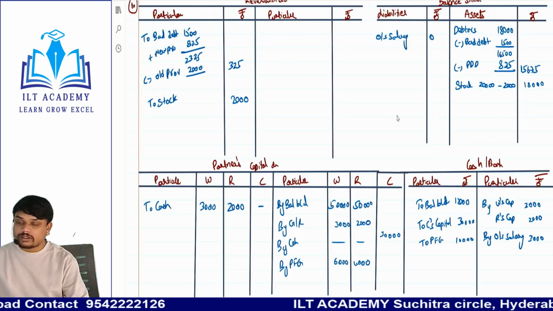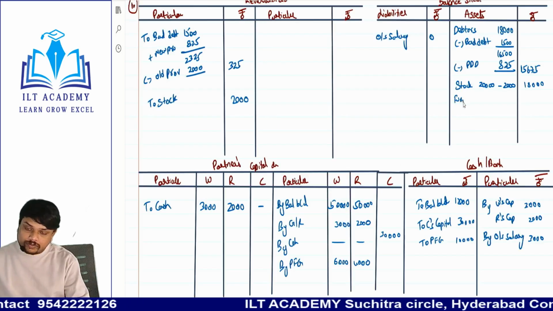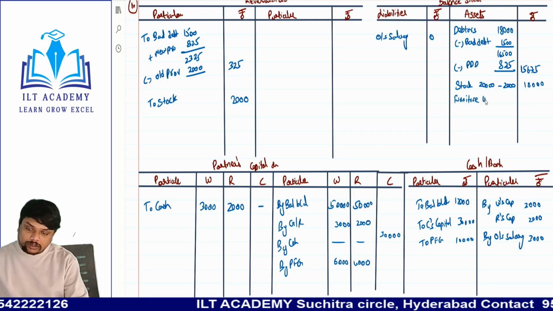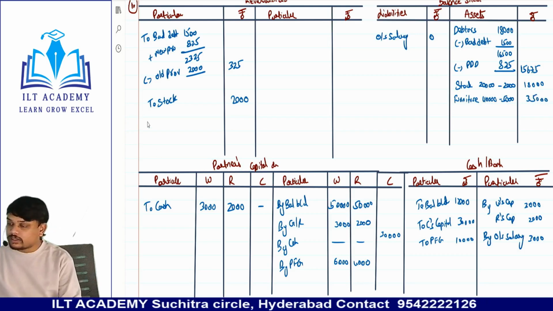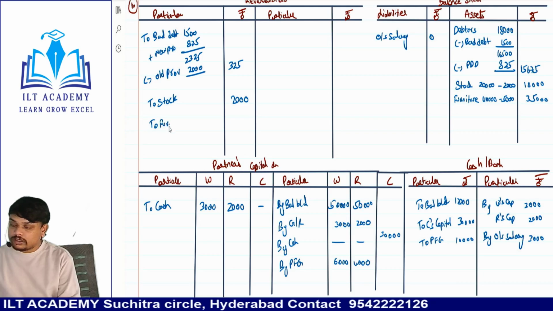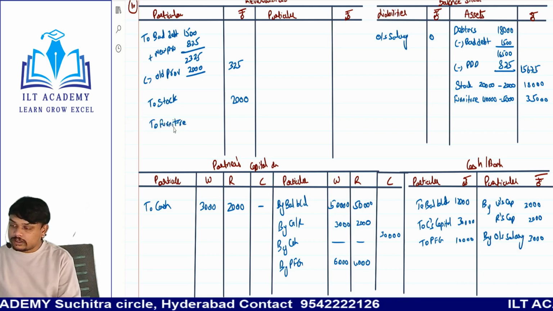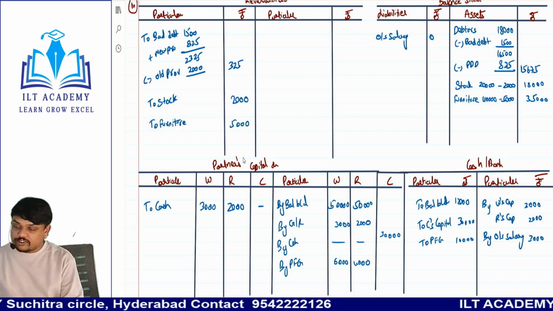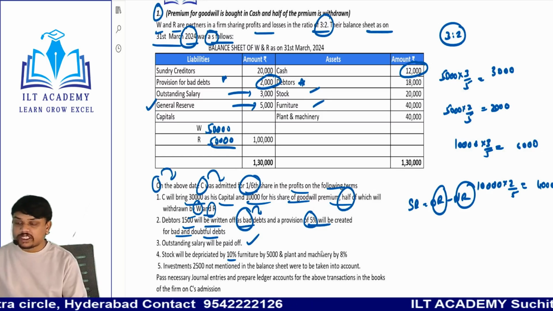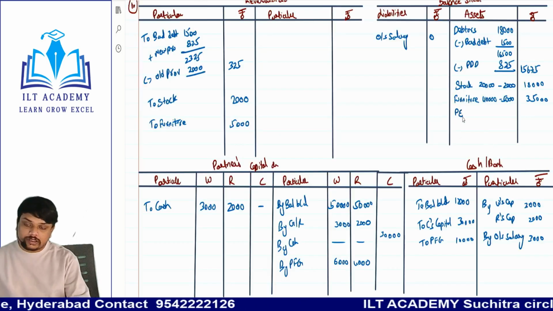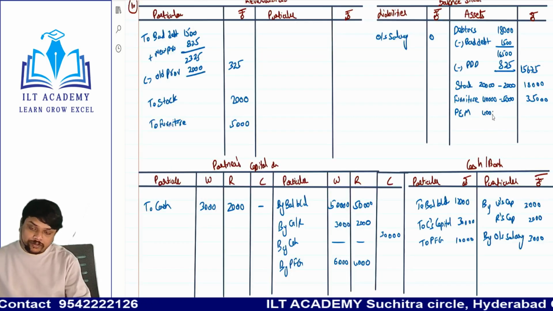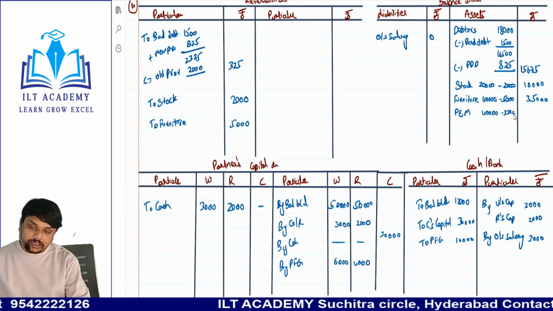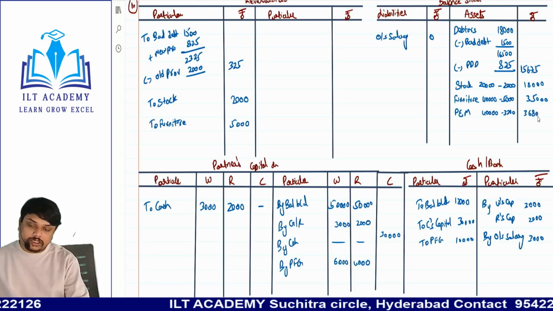Furniture 40,000, reduced by 5,000. Next, we have plant and machinery by 8%. Plant and machinery 40,000 is going to be reduced by 3,200 and will be 36,800.